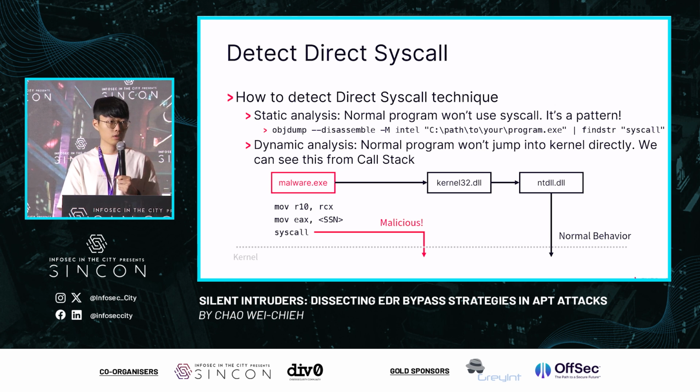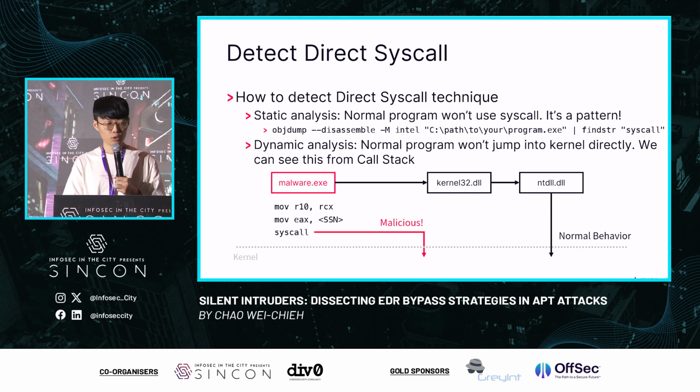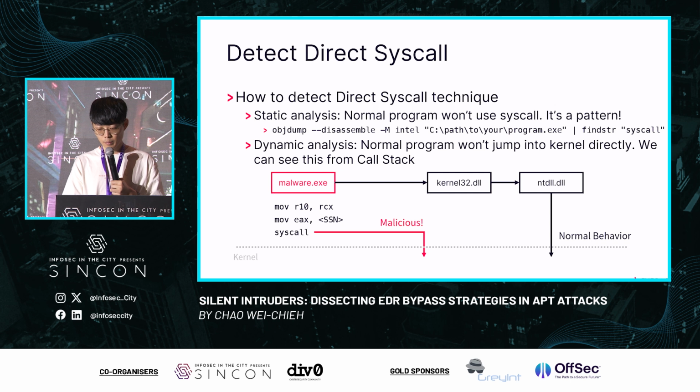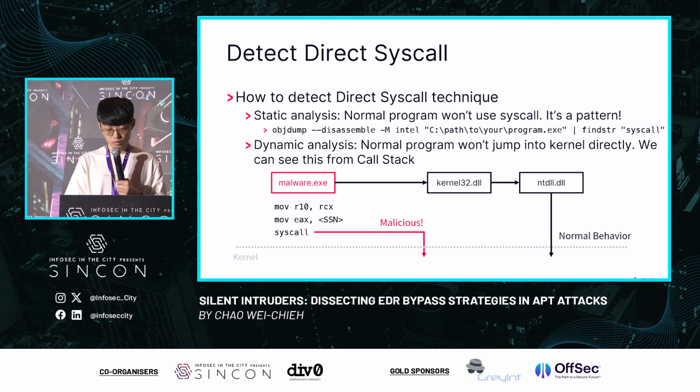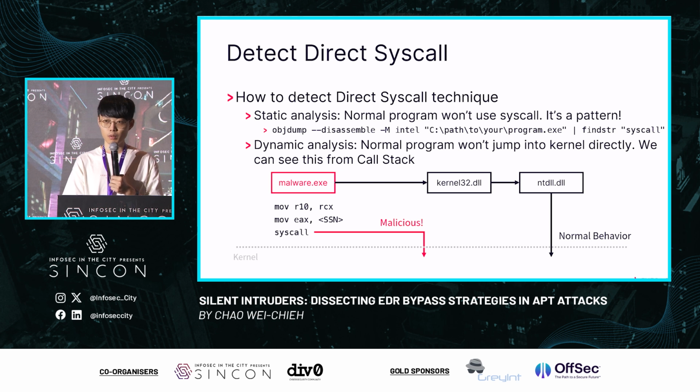We can look for the syscall instruction inside the program. For example, we can use the objdump tool, which will dump all the instructions inside the program, and we can simply grep for the syscall. If we find one, then the program may be malicious.